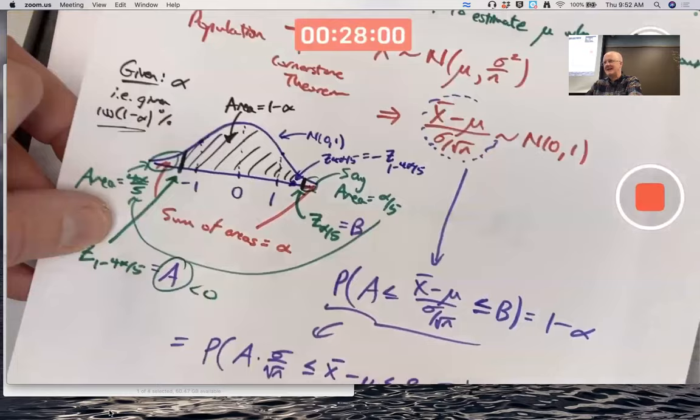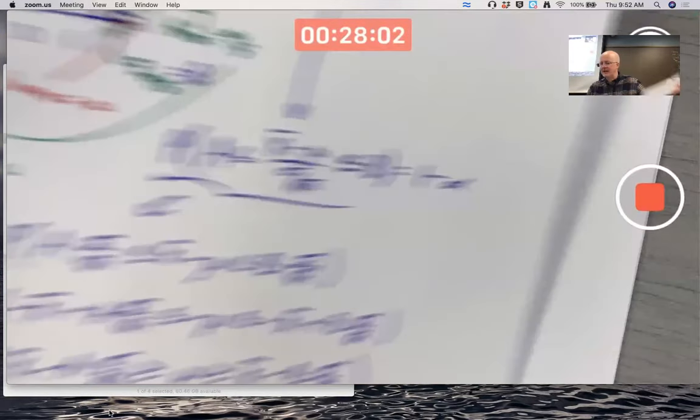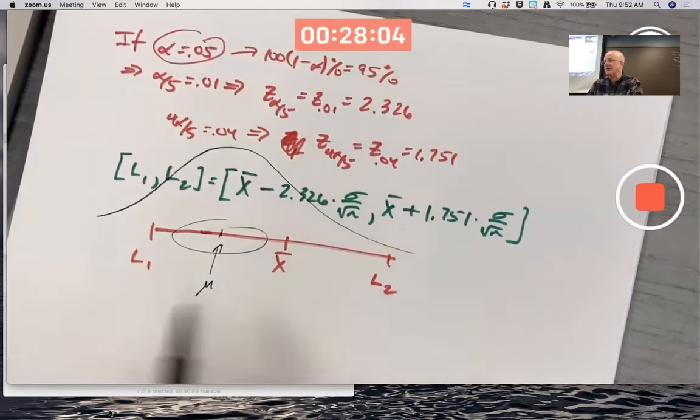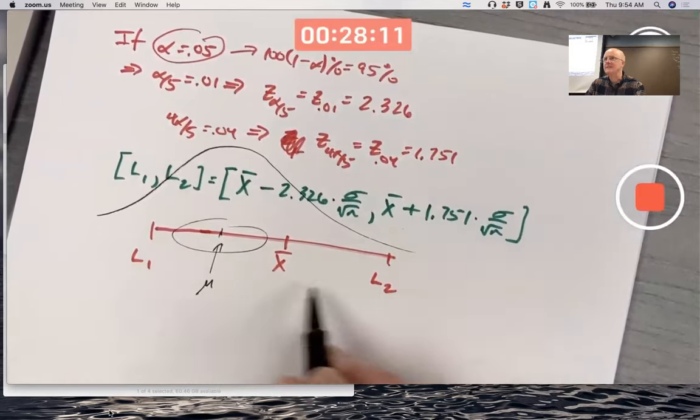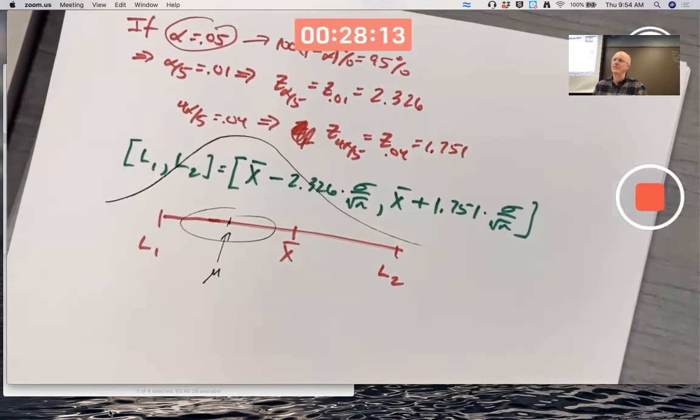Okay, so there's no mistakes in the algebra, and intuitively, this is how you might make sense out of the fact that this is bigger than this. It's not symmetric about x bar.